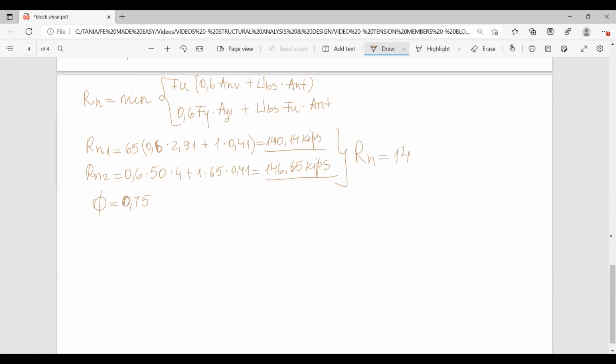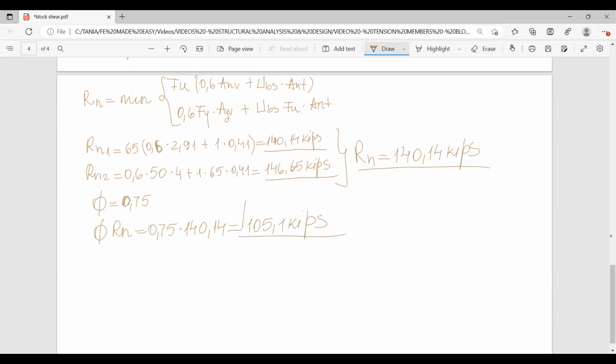So now we have to take Rn as a minimum of these two, which means that Rn equals 140.14 kips, and that's the nominal strength, and the design strength is phi Rn equals 0.75 multiplied by 140.14, and this is going to give you 105.1 kips.